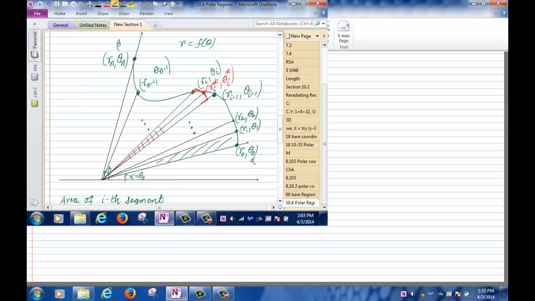Now, in the case of the cardioid, the polar axis is sweeping through the region inside the cardioid as theta goes from what to what? 0 to 2 pi, right? As you go from 0 to 2 pi, you are sweeping through the entire region inside the cardioid, only once, right?